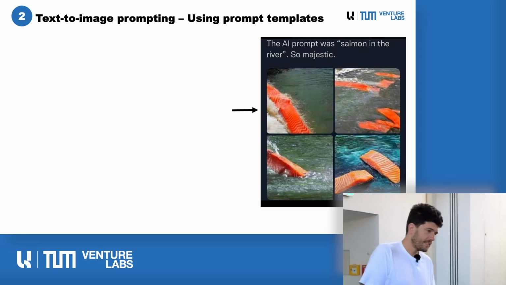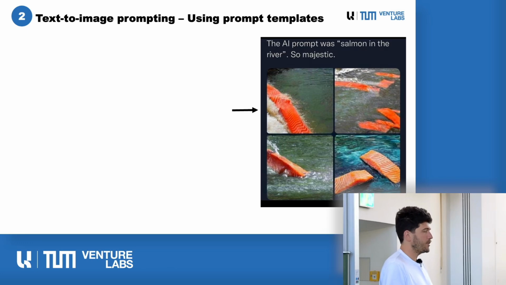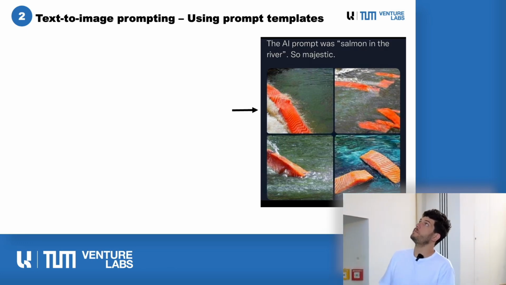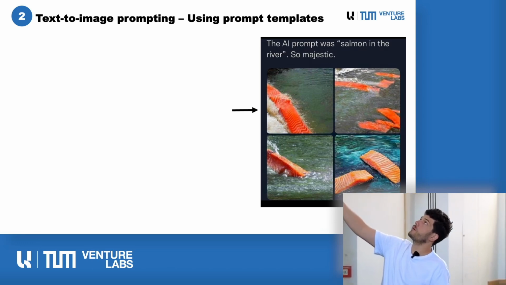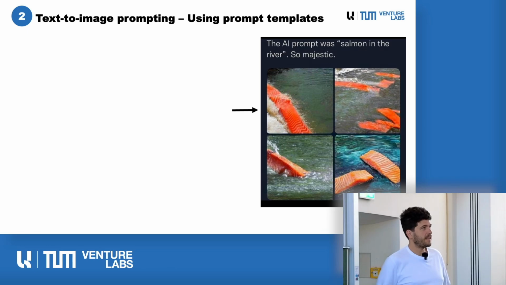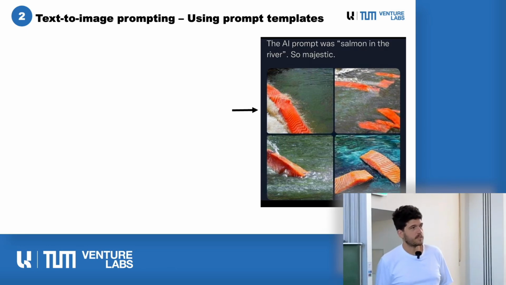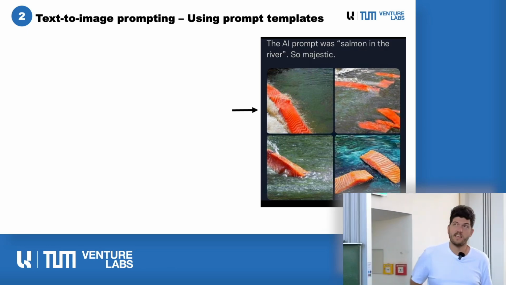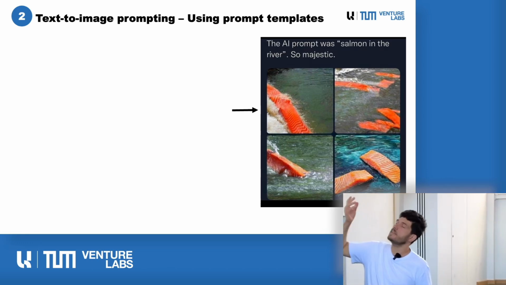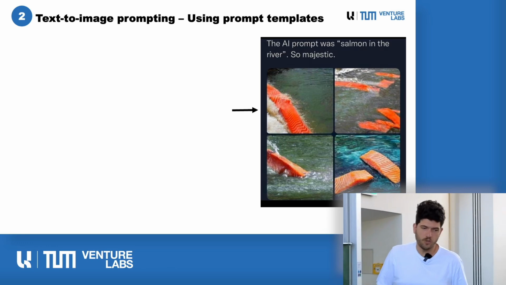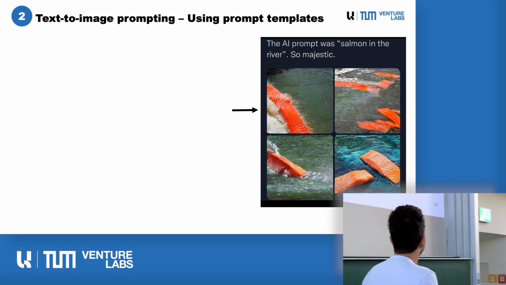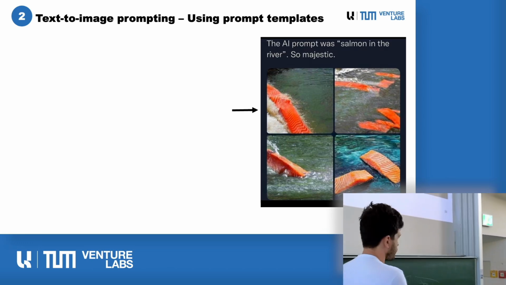Being explicit is still something that you want to do. Garbage in, garbage out. It works from the sample data. So here apparently the prompt was salmon in the river. And of course, the data for salmon was salmon fillet sliced in a way, so it created exactly what you were asking for. But from context, we know as humans that we are not asking for salmon fillet in a river, but for live fish in a river.